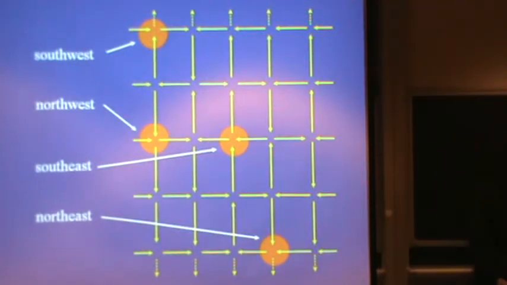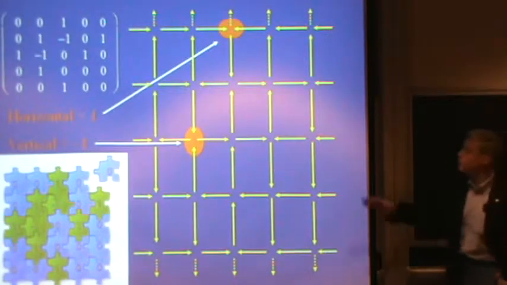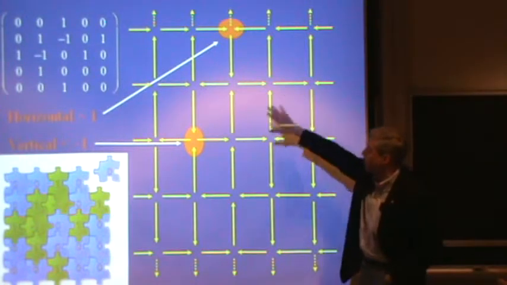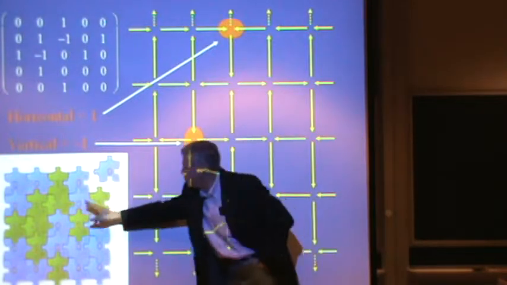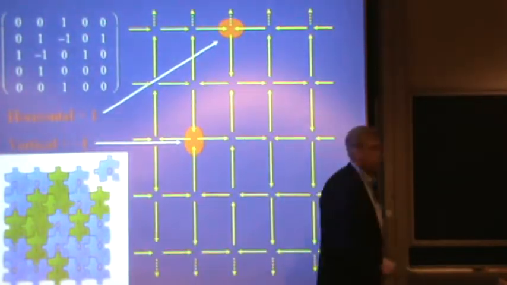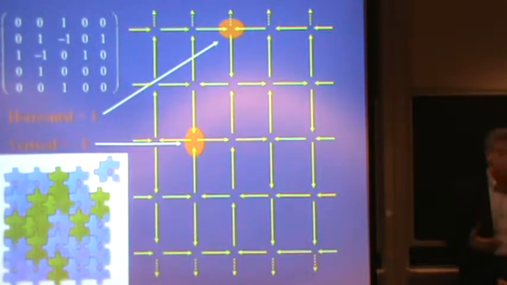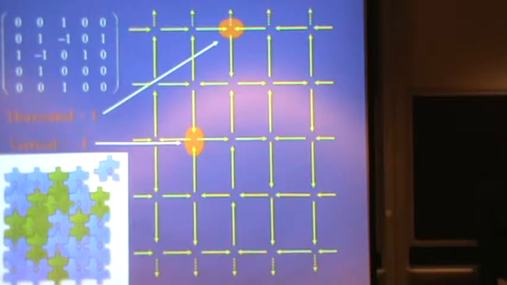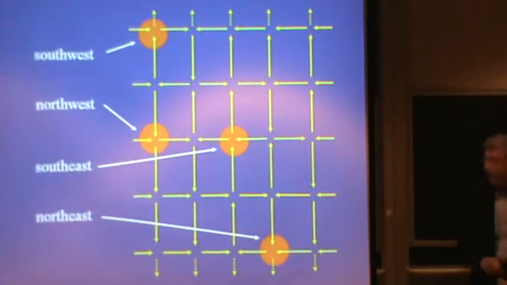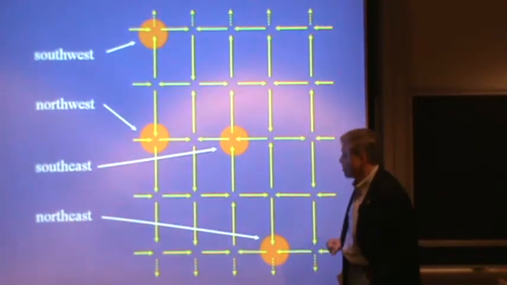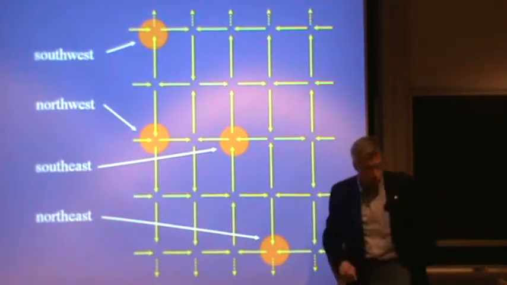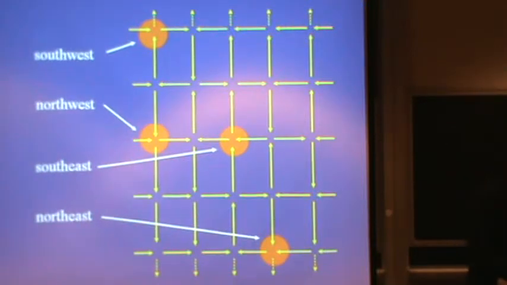Incidentally, once you know where the horizontal vertices are and the vertical vertices are, you know where all of these green jigsaw pieces are located, so that completely determines your 6-vertex model. And I'll call the others southwest, northwest, southeast, northeast, depending on where the arrows are coming from.